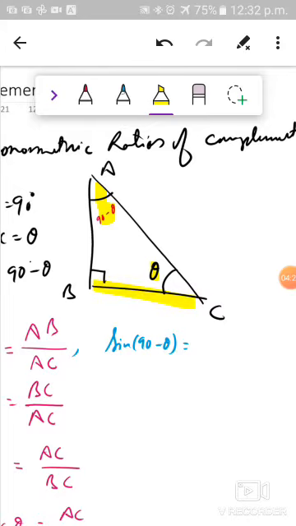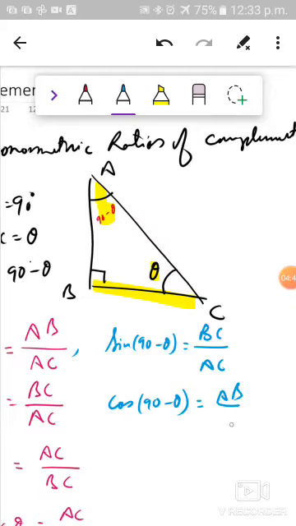So this is our perpendicular, so we can write BC by hypotenuse AC. Then cos 90 minus theta, adjacent side to 90 minus theta, that is AB, upon AC, that is hypotenuse, base by hypotenuse.